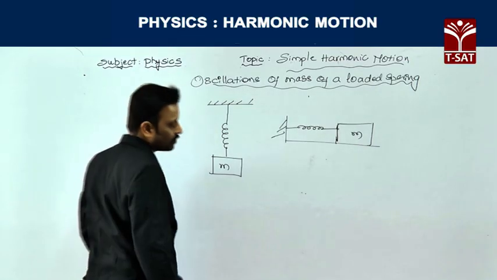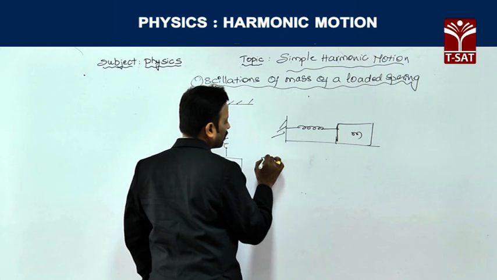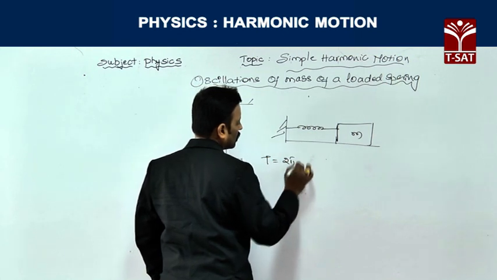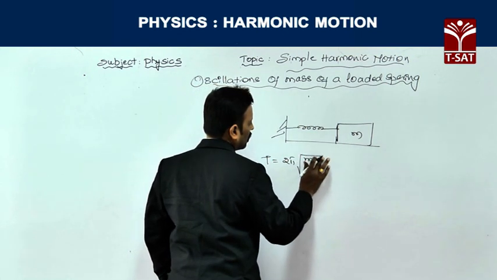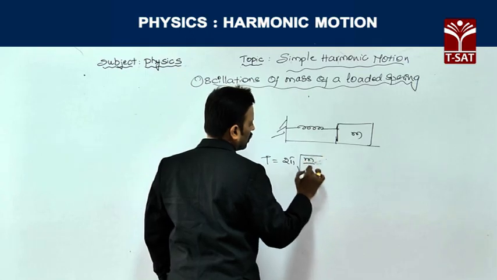In this case, the time period of oscillations of the loaded spring is T equals 2 pi under root m by k.